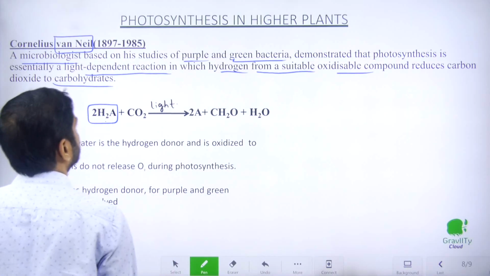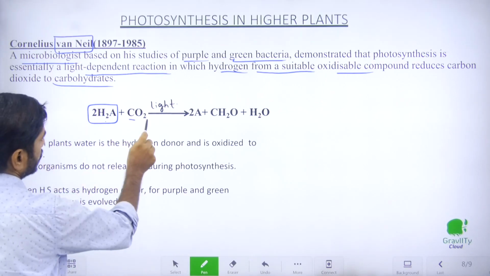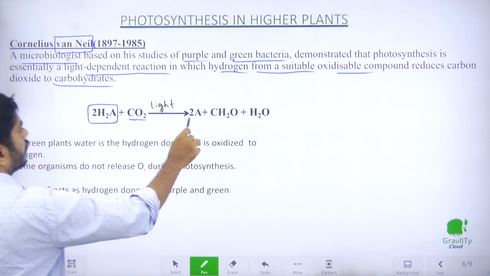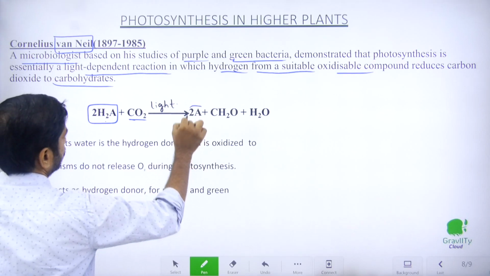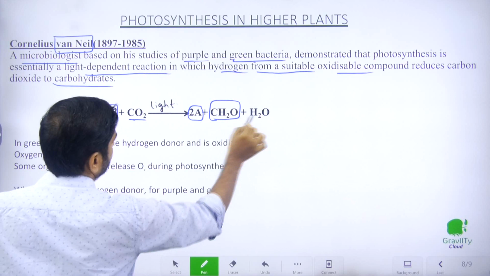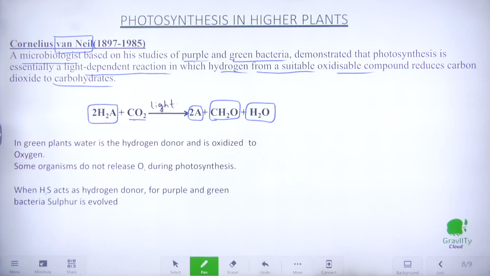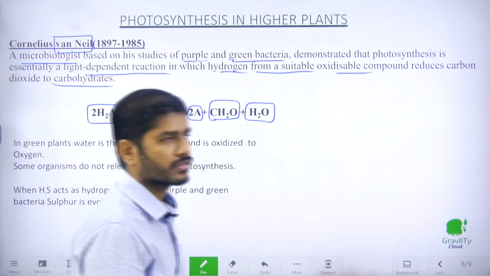Now, 2H2O plus CO2 gives two molecules of A, whatever it may be, and finally carbohydrate is produced, and one water molecule is also released, right? Because in photosynthesis water molecules are also released.